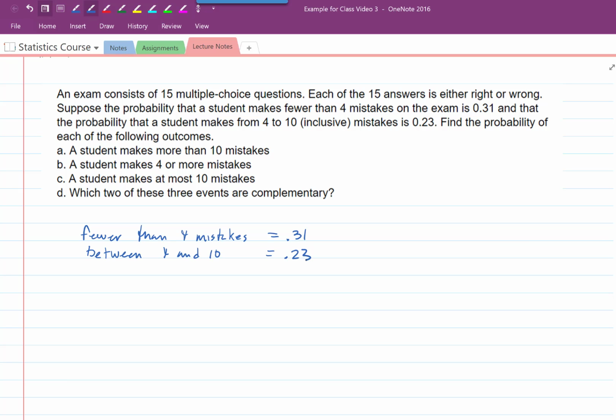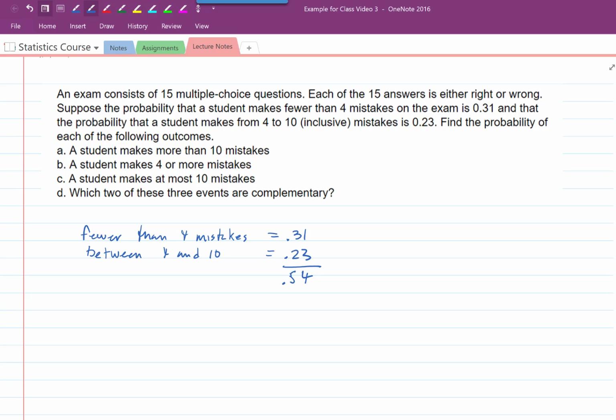All right. Well, if we know that fewer than 4 mistakes is 0.31 probability, 4 to 10 inclusive is 0.23 probability, then the total here of between 0 and 10 mistakes is going to be 0.54.